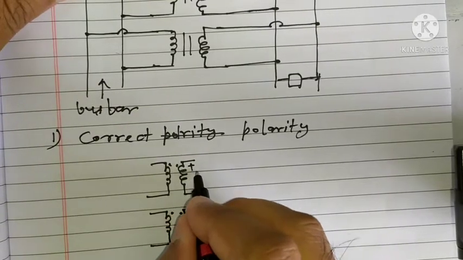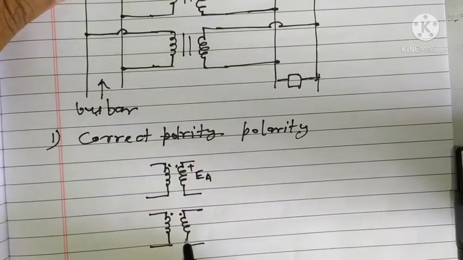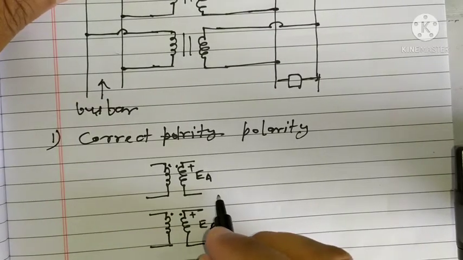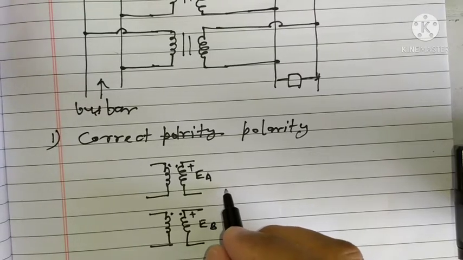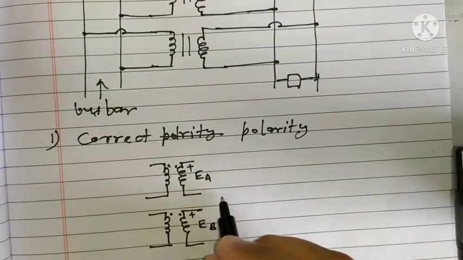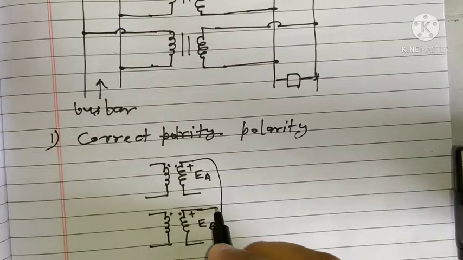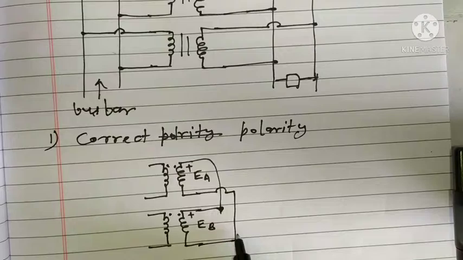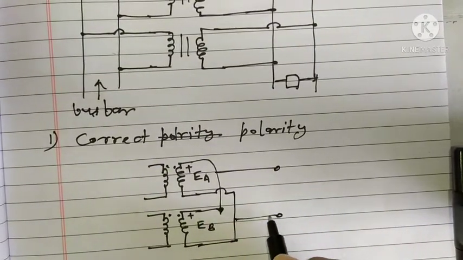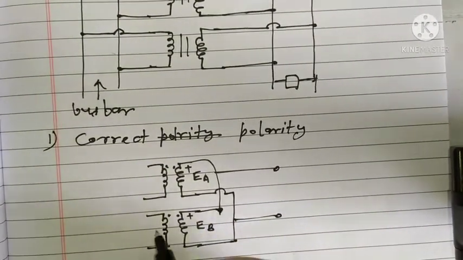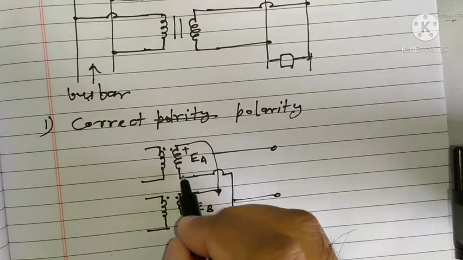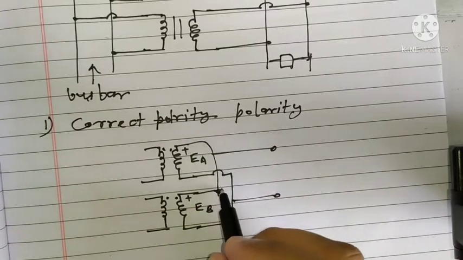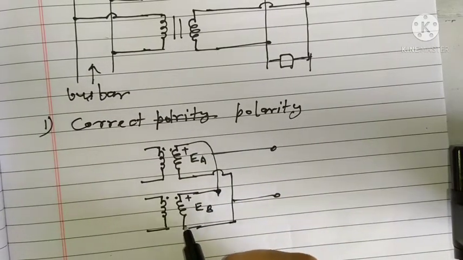Suppose EA is the EMF induced, and with this polarity EB is induced here, and if I connect the upper terminal here and the lower terminal here, then the loop voltage, moving from minus to plus is a voltage rise, and from plus to minus a voltage drop.